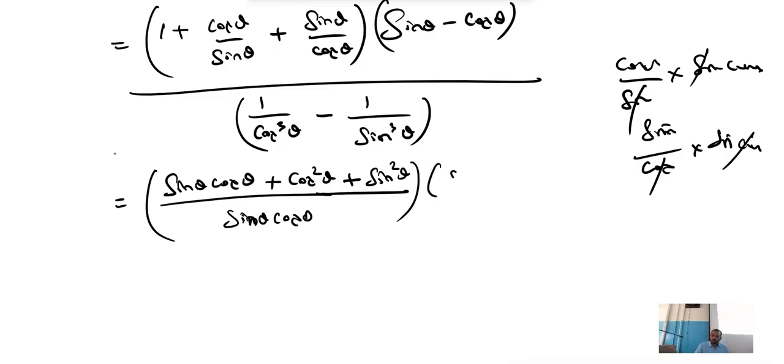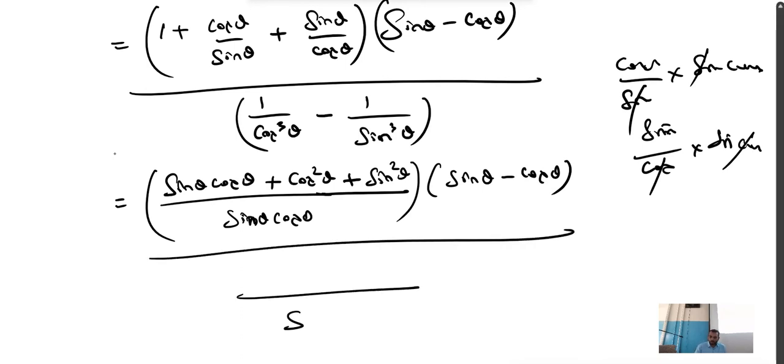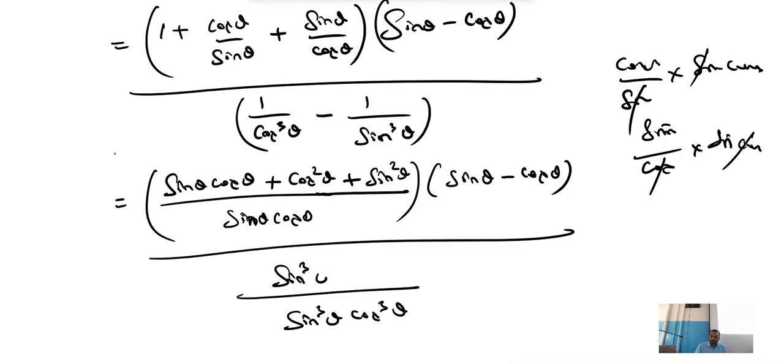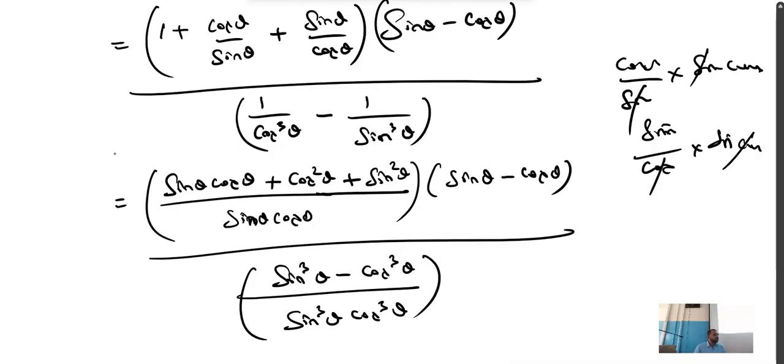Into sin theta minus cos theta, whole divided by sin cube theta cos cube theta. Here is sin cube theta minus cos cube theta. You should take the LCM for the denominator and simplify.